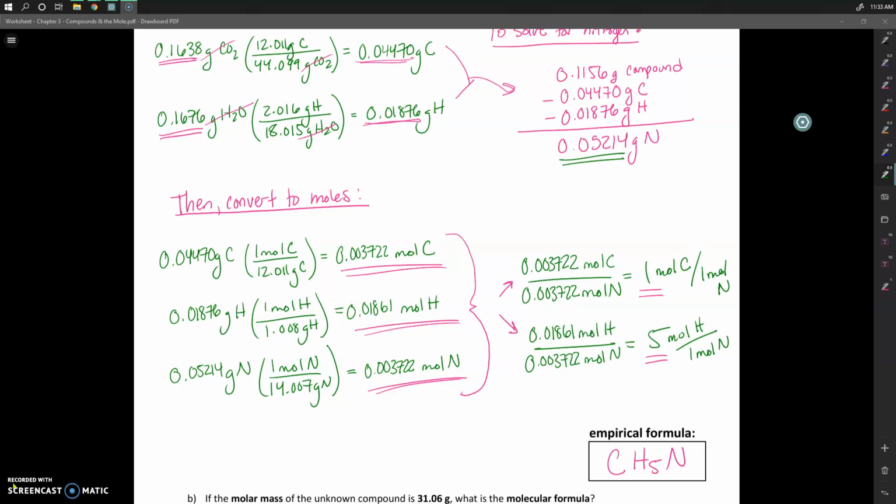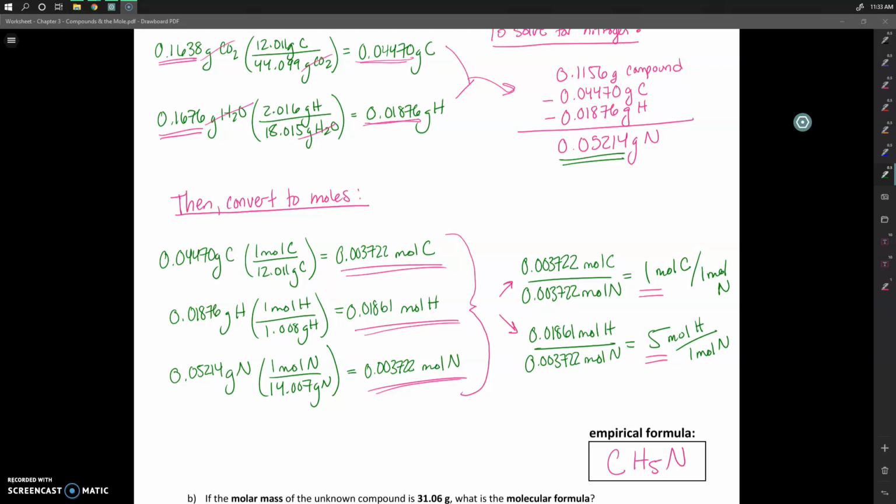We know now that the thing we divide by will pretty much always be a subscript of 1, because you'll notice when we divide by the moles of nitrogen, we're always getting this per 1 mole of nitrogen. So in my formula down here, notice that I have 1 nitrogen. The moles of carbon, we also have just 1. So for carbon down here, I have just 1 carbon.